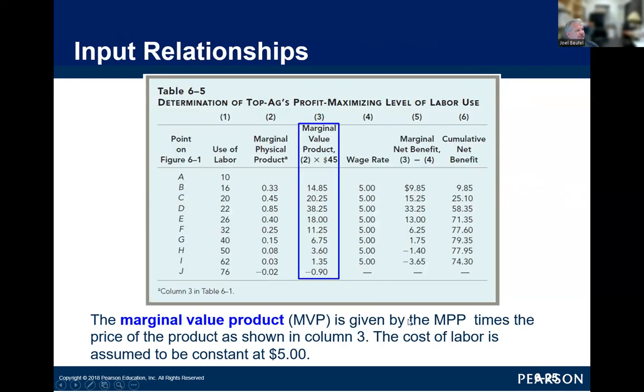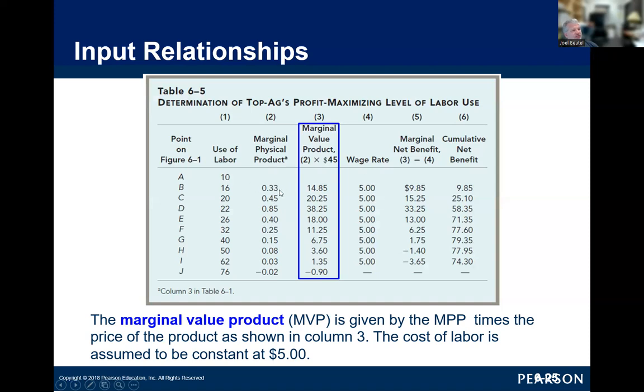In my mind, when I was prepping for this, the wage rate being constant doesn't appear, well, I guess we're okay, because we're calculating the marginal physical product, which is how much one more worker lets us produce. So one more worker from A to B, we get 6 workers, but we get 0.33 per worker, and we're paying that worker $5 to do it.